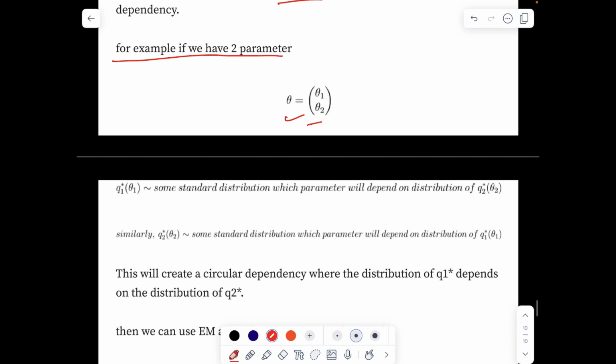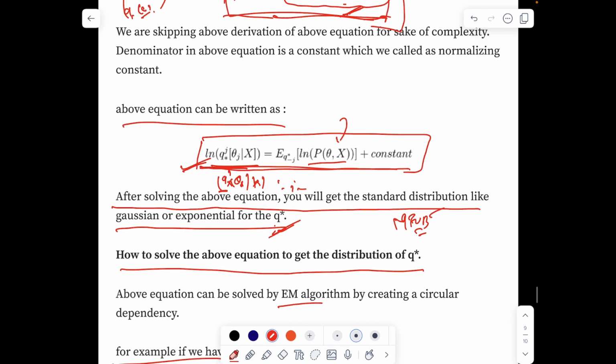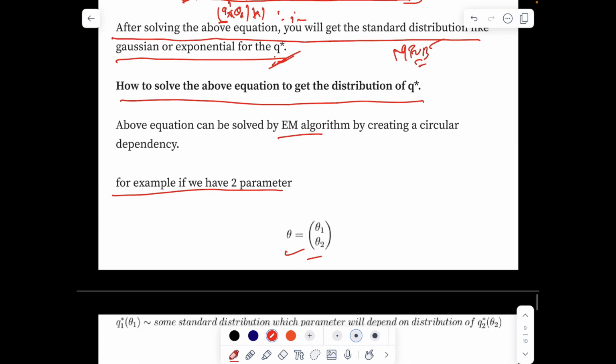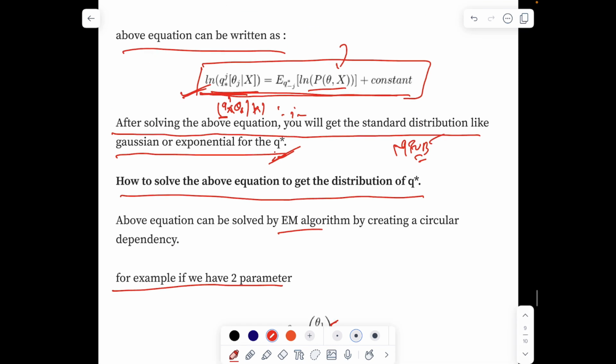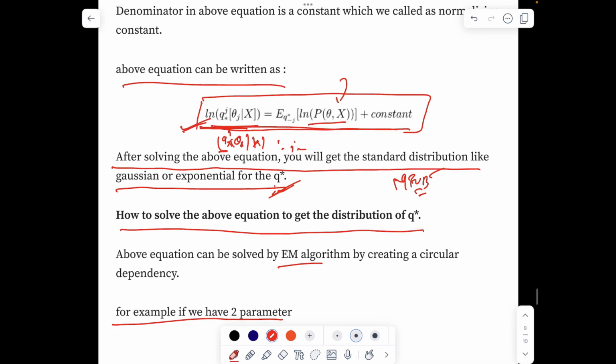So in this case, if we have two elements in the parameter, then our first parameter theta 1 will only depend upon theta 2. It doesn't have a theta 1 term here, right? Theta 1 term is nowhere, so it will be the expectation over theta 1.